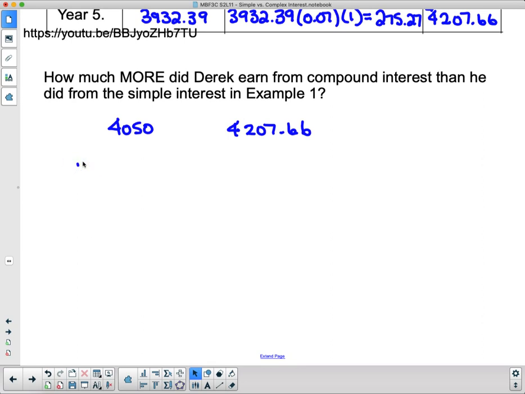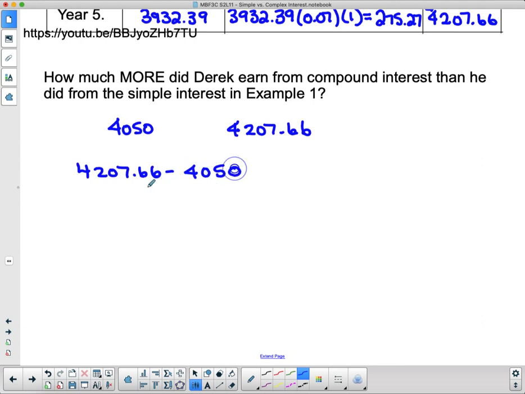We just need to subtract those two numbers to figure out how much better it was to put it in the bank than give it to his friend. $4,207.66 minus $4,050. Now he could have charged his friend compound interest as well, but that would have been kind of nasty of him. That's $157.66.